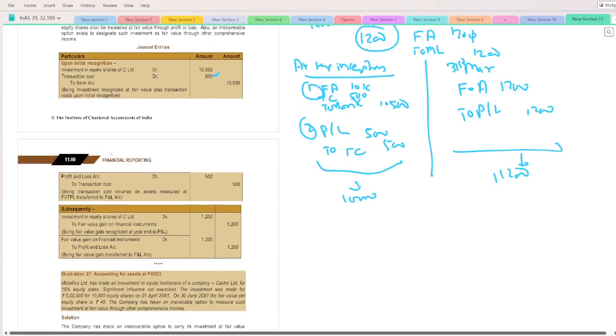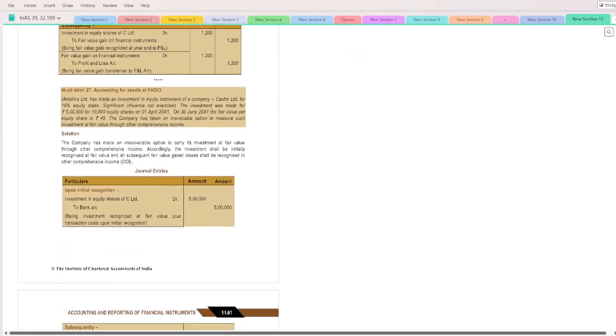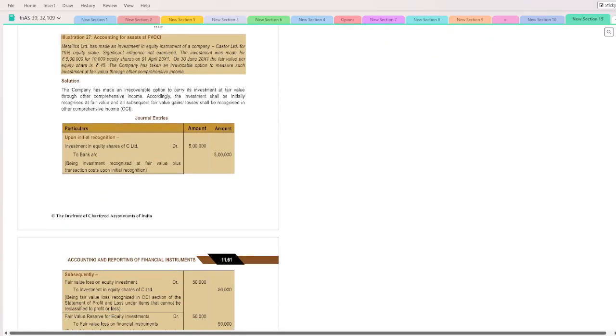Okay, so now it is coming FVOCI. Let's see, this will be interesting. Okay, so here it's an equity instrument. So that means in the equity instrument, the effective interest rate will not be coming into the picture. So they have kept it simple. Metallic Limited has made an investment in the equity instrument of company Castor Limited for a 19% stake, significant influence not exercised.